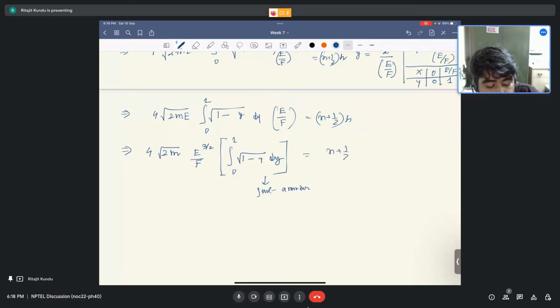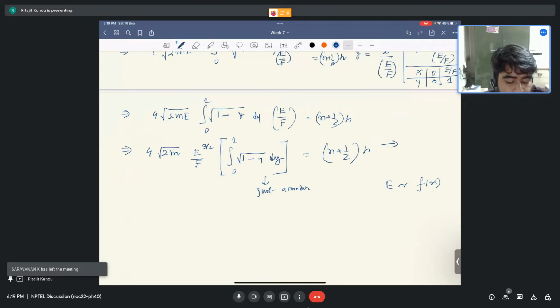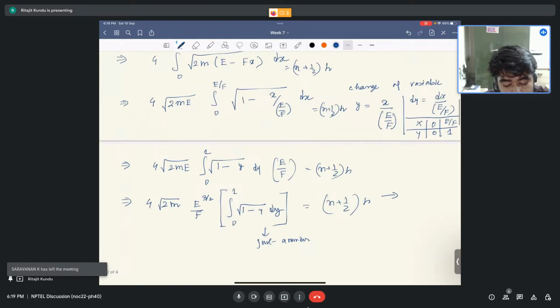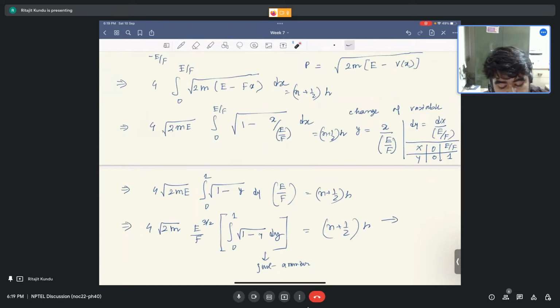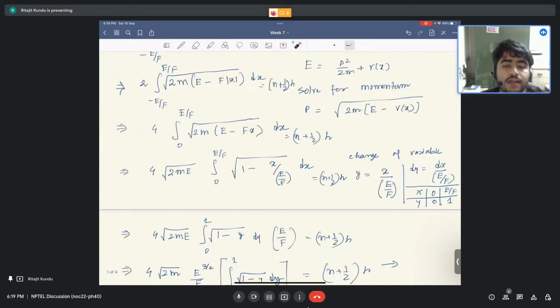So this kind of integration you can find from some standard integration table. But the physics of this whole equation doesn't actually depend on that simple factor. Now if you want to qualitatively argue how E depends on n, how E depends on some function of n, actually up to this is all right, you don't have to perform this integration. So let me elaborate on that part: I started with this integration and I did some manipulations.